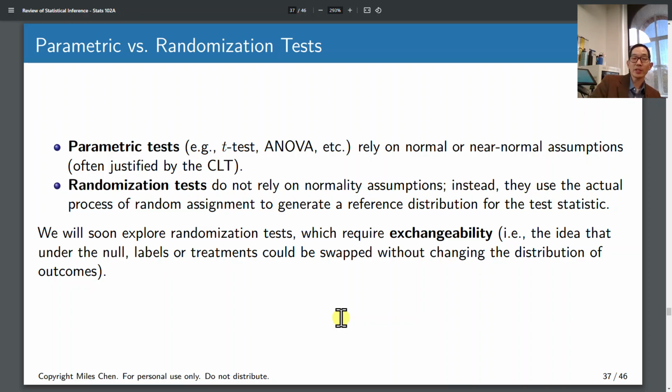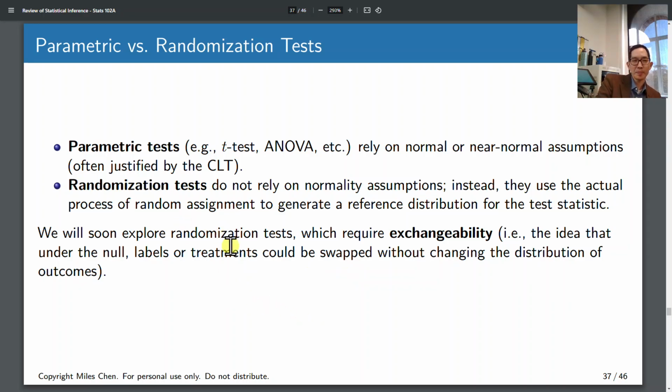We have other kinds of tests like randomization tests and bootstrap-based tests, and that actually uses the process of random assignment and randomization to generate your reference or sampling distribution for the test statistic. And that's what we're going to be exploring next week. Today is just kind of a review of all of this inference and parameter-based stuff. Next week we'll get into the computational statistics part of this.